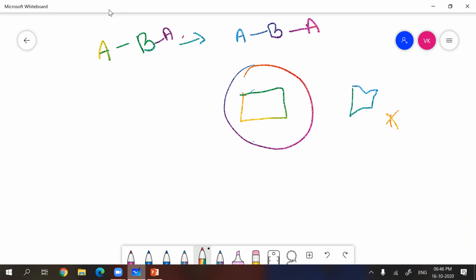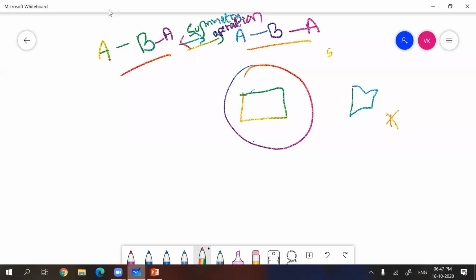It should not change the format. It should leave it as it is. Then only whatever operation you are carrying out is said to be a symmetry operation, and the element is said to be the symmetry element.